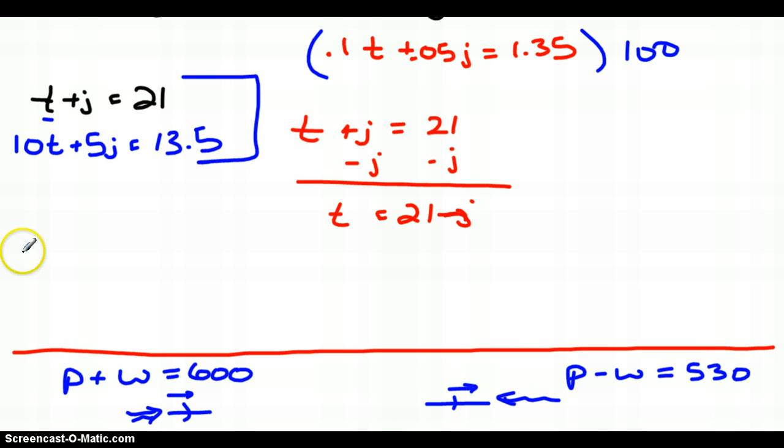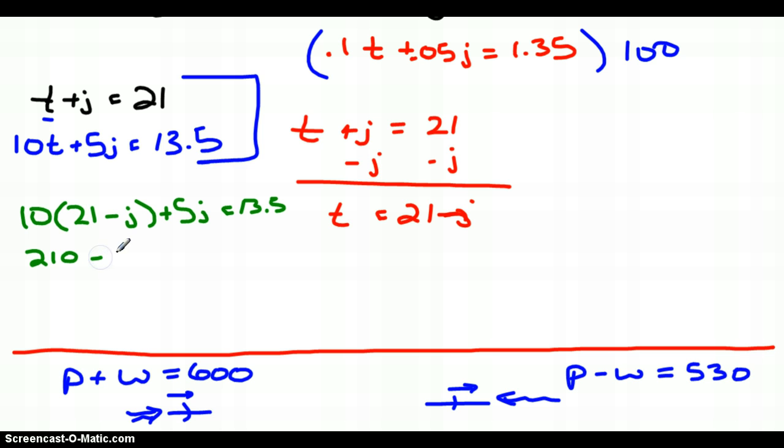Okay, so what I have now is, in this equation, 10t, which is 21 minus j, plus 5j equals 13.5. 10 times 21, 210, minus 10j, plus 5j equals 13.5.